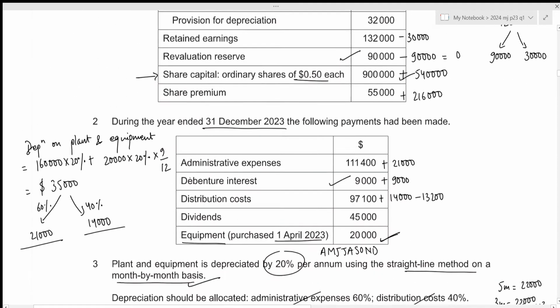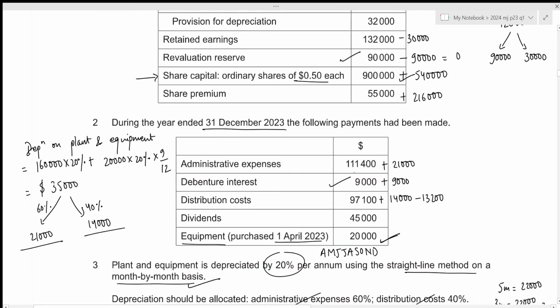Okay. Let us calculate the correct figure. For administrative expenses, that will be 111,400 plus 21,000, which results in 132,400. And for distribution costs, that will be 97,100 plus 14,000 minus 13,200, which results in the value of 97,900.